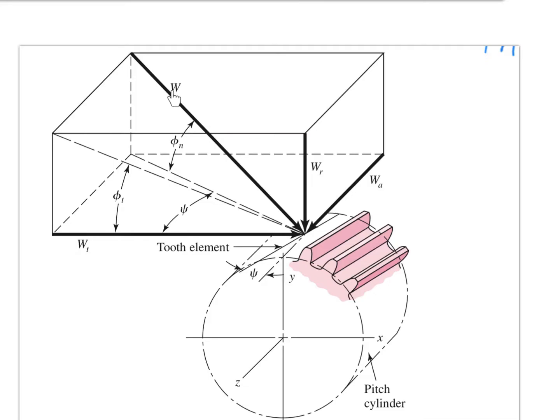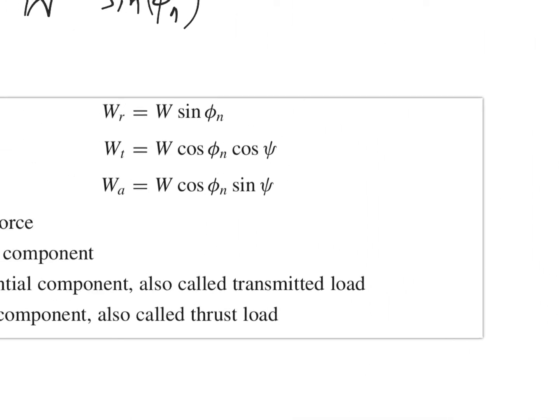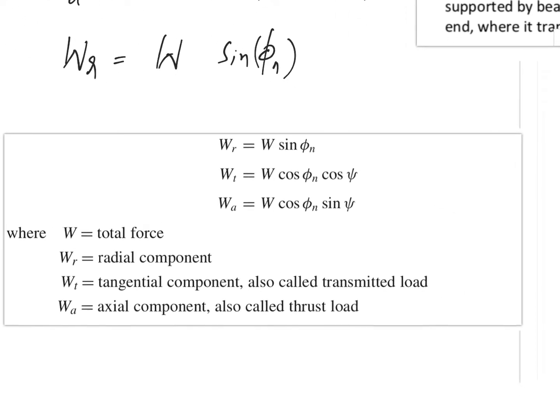This is the net force acting at the section on the gear tooth. Then we have three components of this force: the radial component, the axial component, and the tangential component. We also have a separate formula to compute all these radial, tangential and axial components.